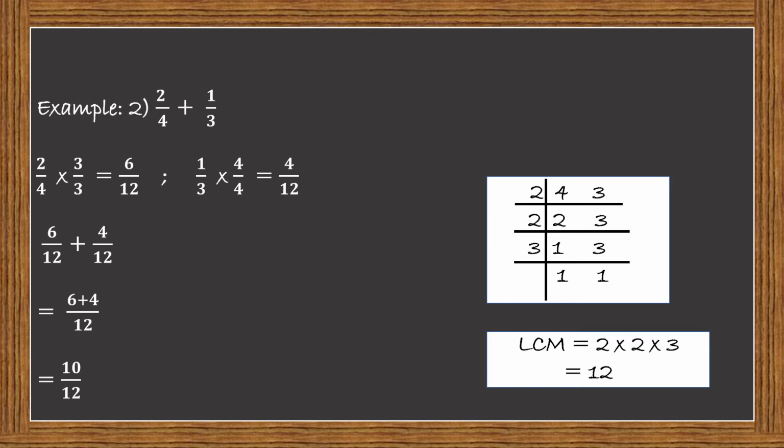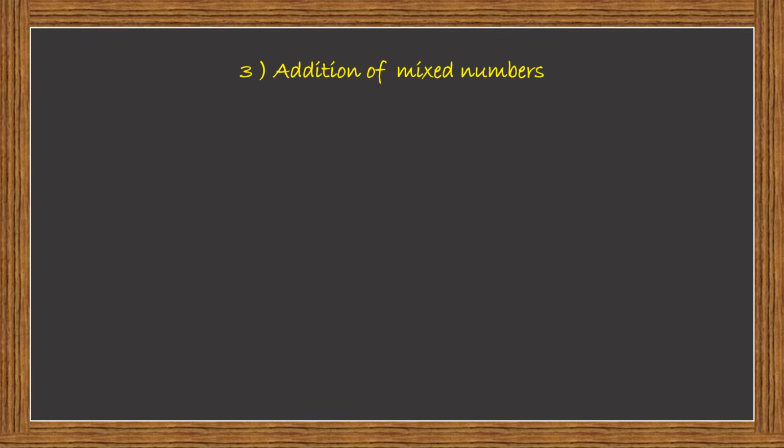Now next we are moving ahead to how to add mixed numbers. But before that we will see how to convert improper fractions to mixed numbers and vice versa, mixed numbers to improper fractions. So let's do that. Here, addition of mixed numbers.